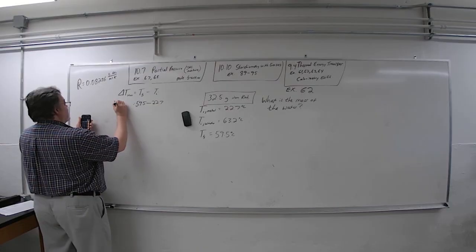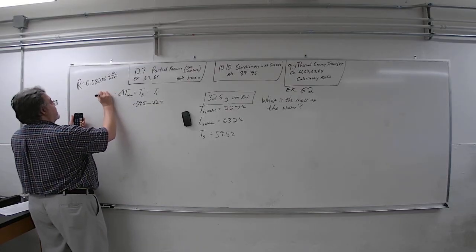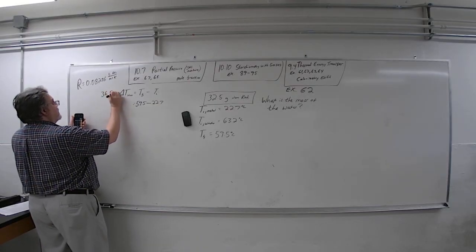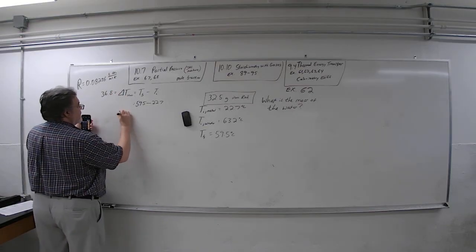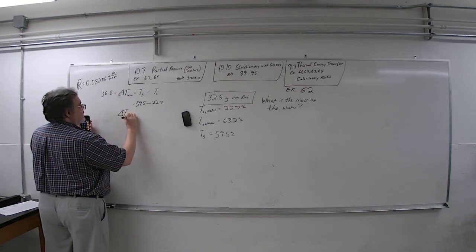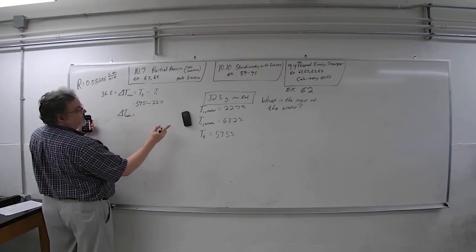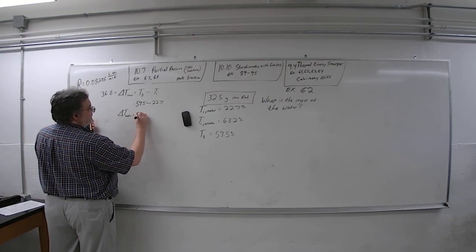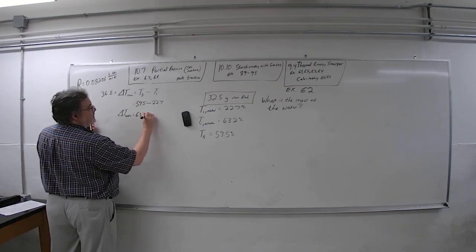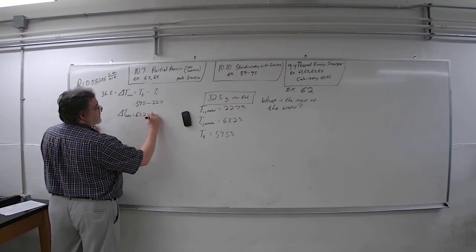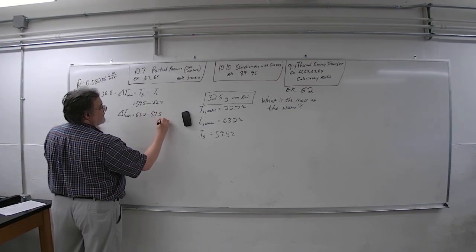Delta T for iron equals degrees C. Delta T for water equals, initial for water was 63.2, final was 59.5.